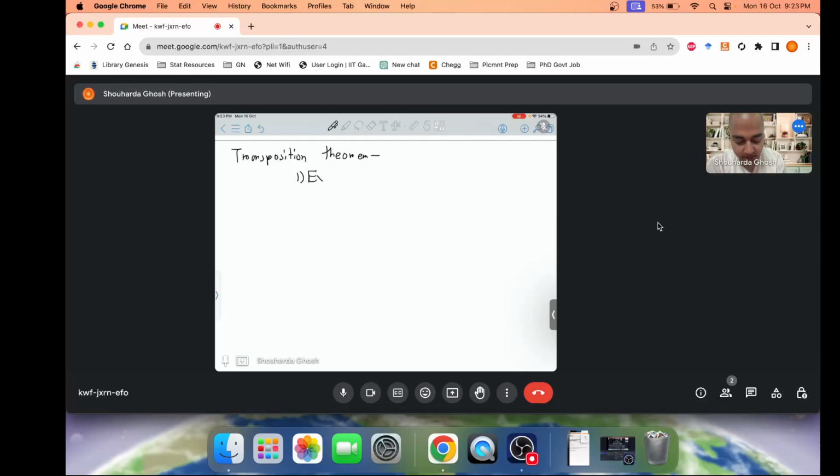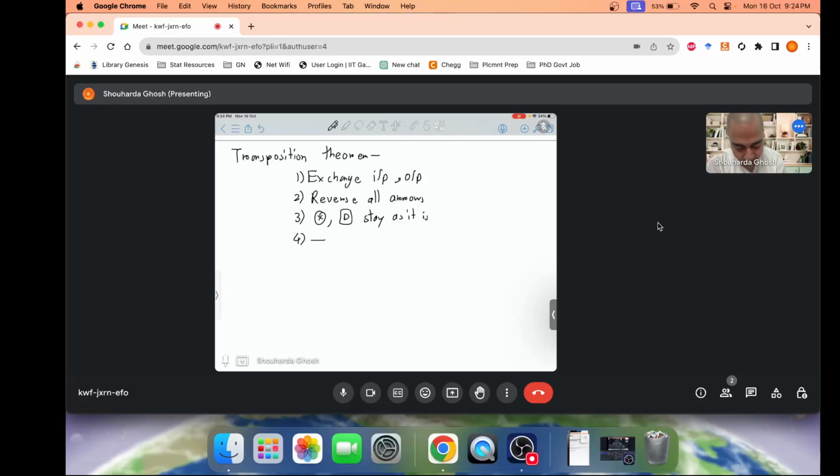It says that you exchange your input and output, reverse all arrows, and multipliers and delays stay as they are.